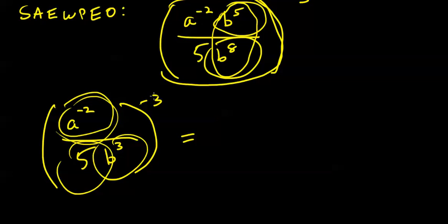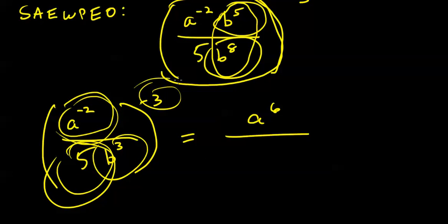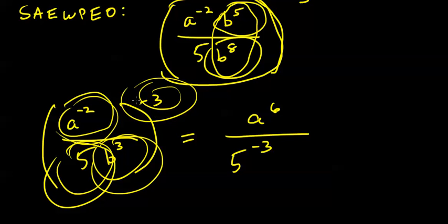A squared to the minus 3 power is a to the positive 6 power, right? 5 raised to the minus 3 power, that's going to be 5 to the minus 3 in the denominator, right? B cubed to the minus 3 power, that's going to give me a b to the minus 9th power in the denominator. Okay?